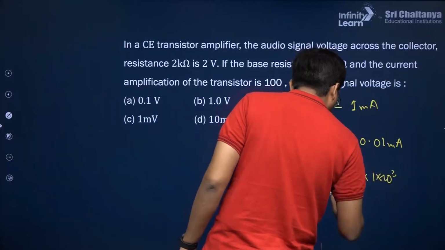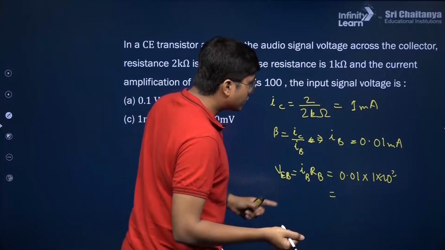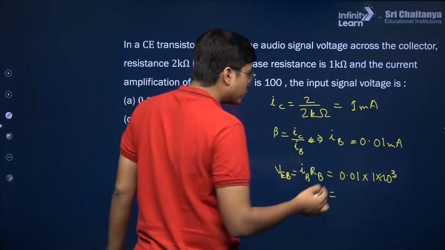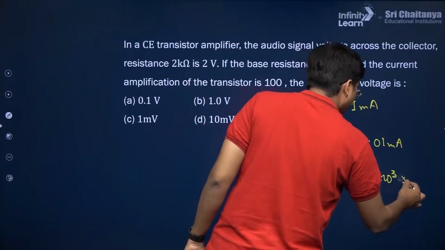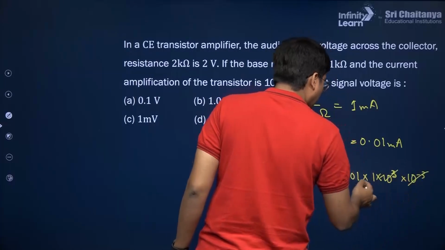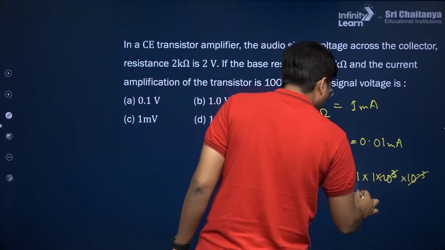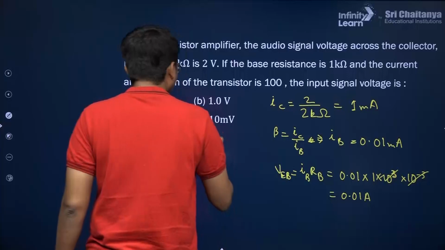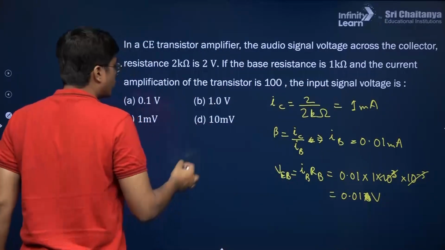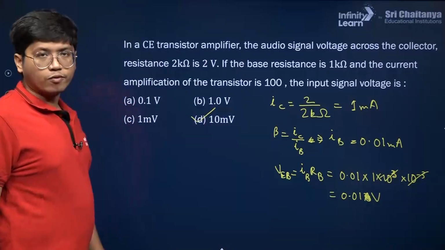This is in milliamperes, right? So over here we had another 10 to the power minus 3 as well, because it was milliampere. These two cancel out. You have 0.01 amperes, that is, this would be volts. We are measuring the voltage. 0.01 volts, that is 10 millivolts.